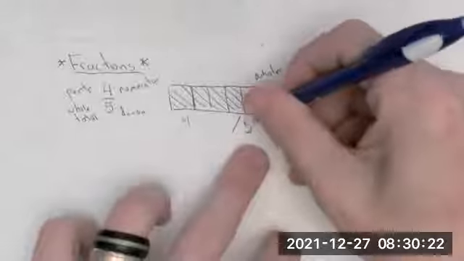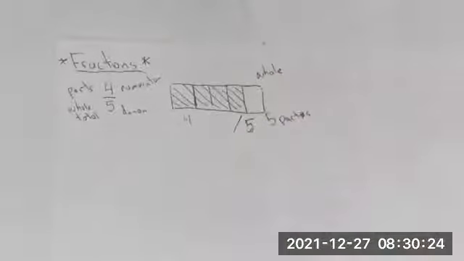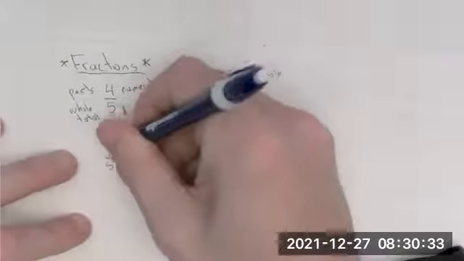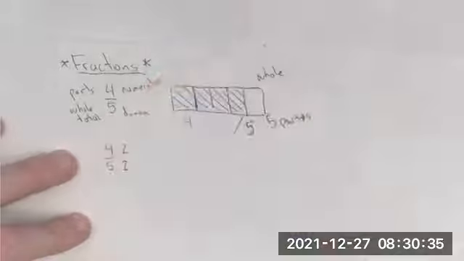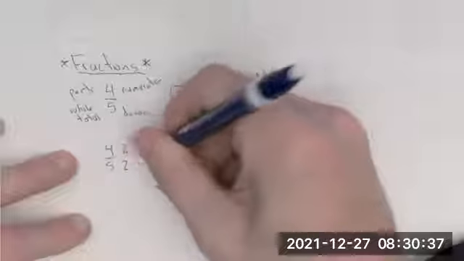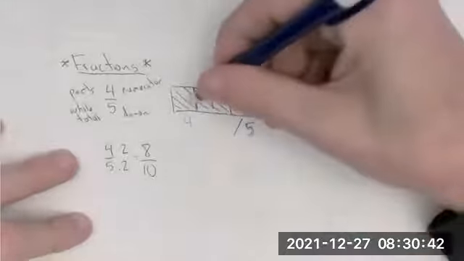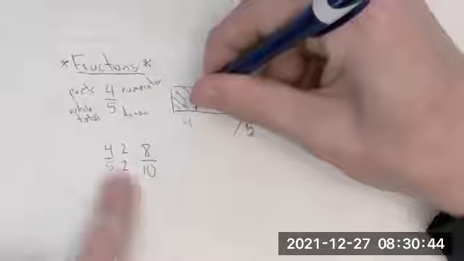Now, what this is going to help us do is when we think about reducing, or as I like to call it, unreducing fractions, especially if we need a common denominator. If I were to take that 4/5 and say, what if I multiply the top and the bottom by 2? That gives me 8/10. And what that means is, if we go back to our original candy bar, what that 2 is really doing is doubling.